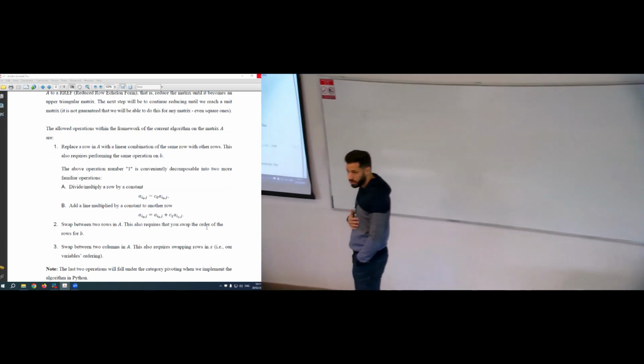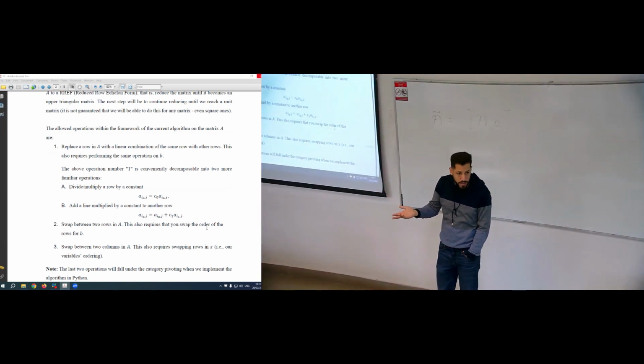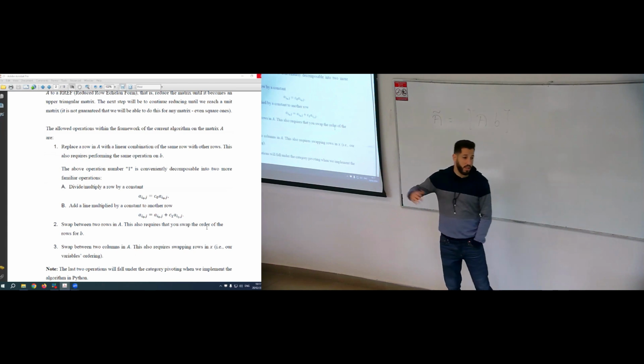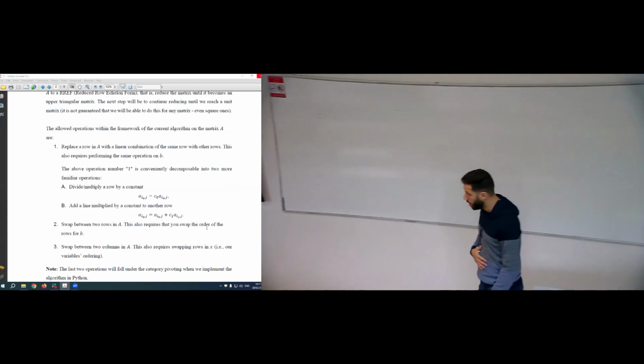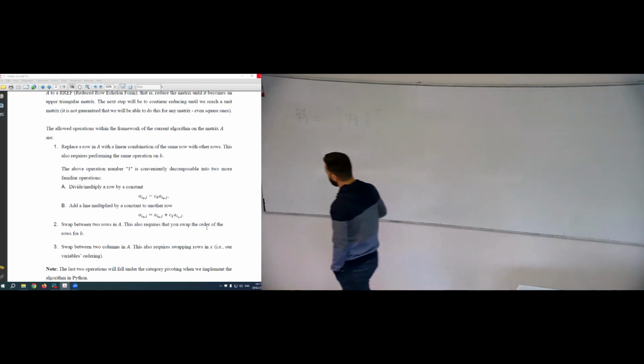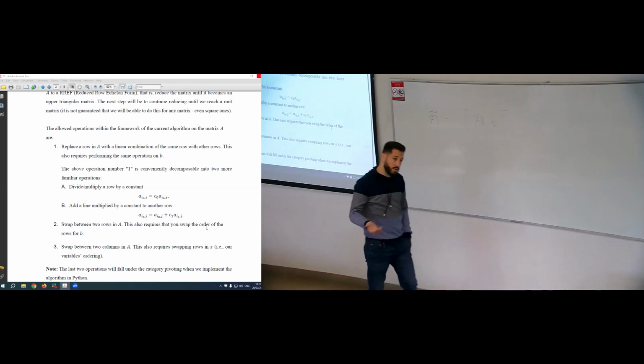Okay, and this operation, which is operation number one, is the composition of two basic operations. One is to take the row and replace it by itself multiplied by a non-zero coefficient, and the second one is to take the row and replace it with itself plus a linear combination of other rows. Okay.